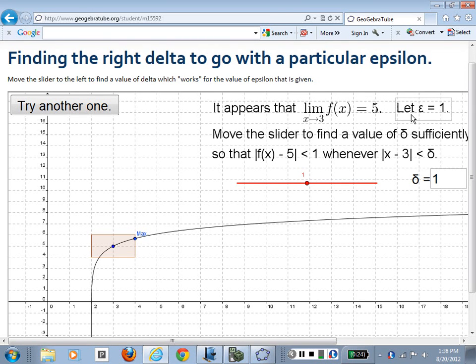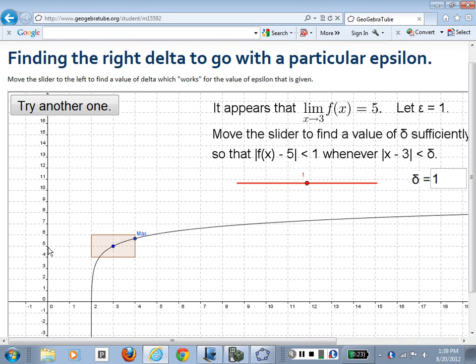Let epsilon equal 1. What value of delta looks like it's going to work here? Well, it would be okay for delta equal 1 on the right-hand side because we're already inside the rectangle. But if x is too far to the left, say from here to there is about 0.7, 0.8, then the function values are well away from 5.